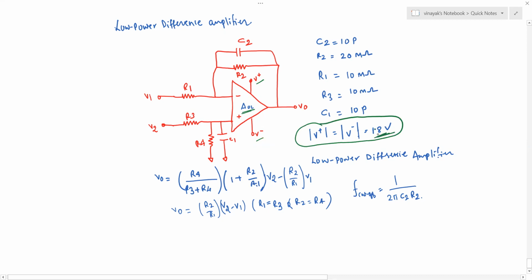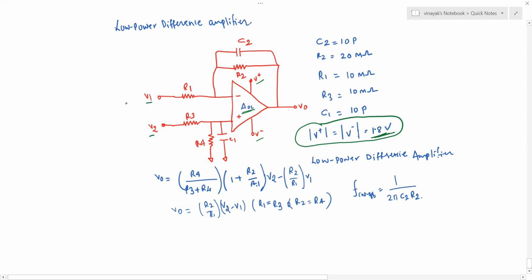Nowadays we have lower supply voltages for the circuits, and that's why we get the low power designs and low power circuits and systems for a variety of portable devices and wearable devices. So you have V1 and V2.